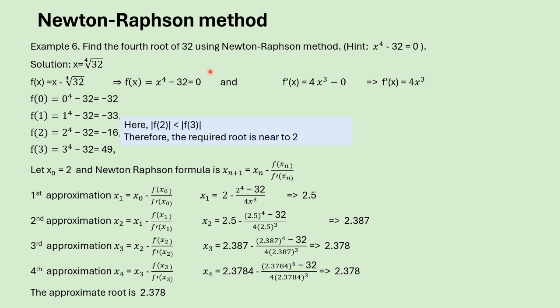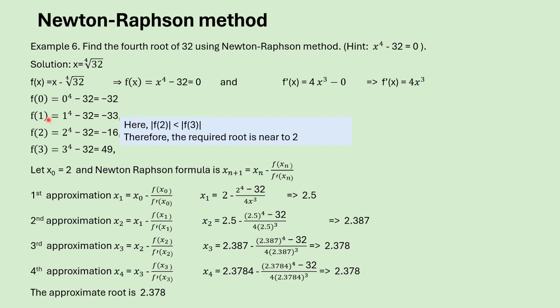Now here near root is not given, so we have to calculate it. First we'll take f of 0. So when we put f of 0 here, it becomes 0 minus 32, which is minus 32. Then we'll take the value of 1. Then it will become 1 to the power 4 minus 32, which is minus 31.